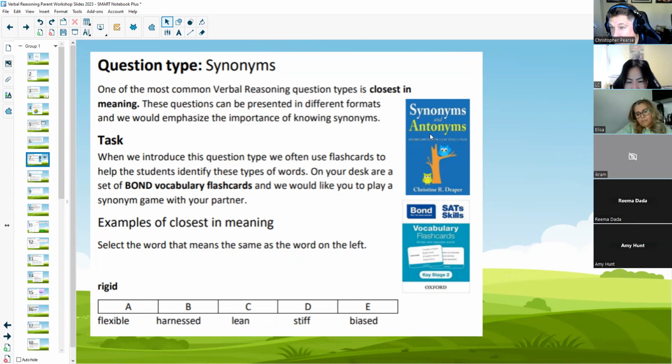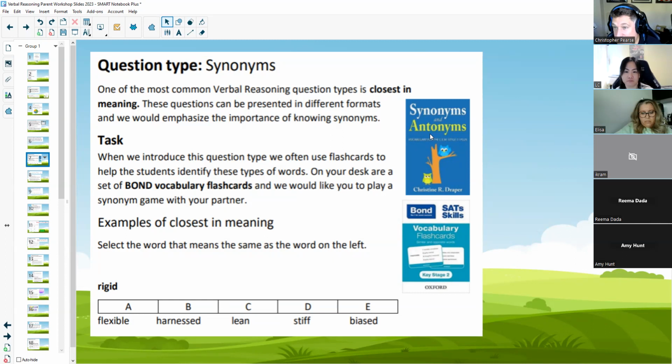Christine Draper is a teacher in a grammar school. She's invigilated a number of 11 plus exams over the years, and she compiled this book by actually dragging the words out of the exams and putting them tidily into a book. So if you're looking at the words going, goodness me, these are quite challenging, you need to understand where those words have come from.